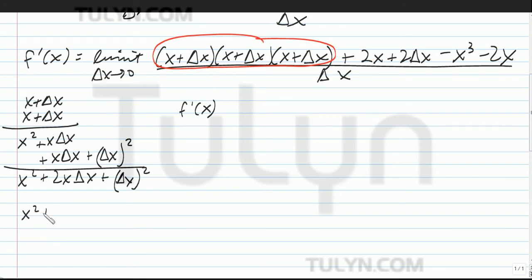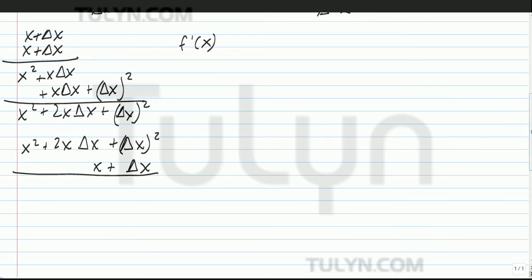So it's x squared plus 2x delta x plus delta x squared times x plus delta x again. So go ahead and multiply the whole first row here in blue times the first guy right here. So it's going to be x squared times x is x to the third. x times 2x delta x is positive 2x squared delta x. x times delta x squared is x times delta x squared.